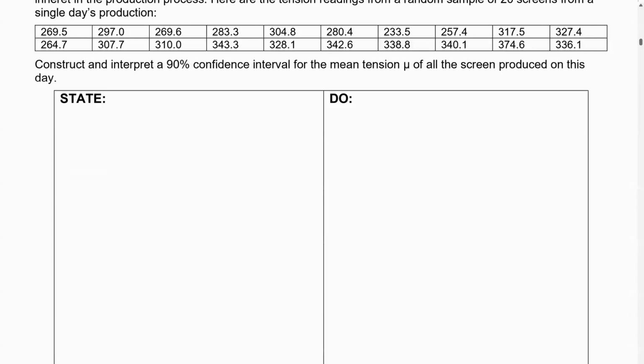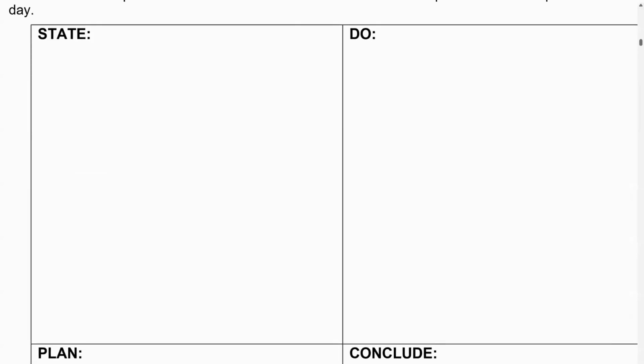So let's start out. Remember, this is an inference procedure. So we're going to talk about, well, what's the population that we're trying to make an inference about? And in this case, it is screens from a single day's production.